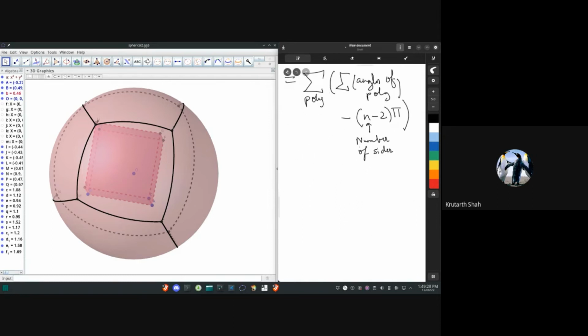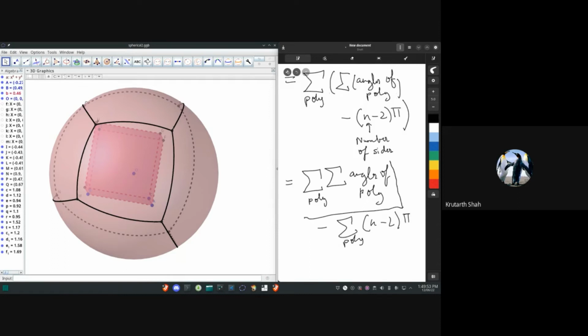Okay, this is from the formula which we got before. So just expanding the summation sign. Right. So what is this sum?